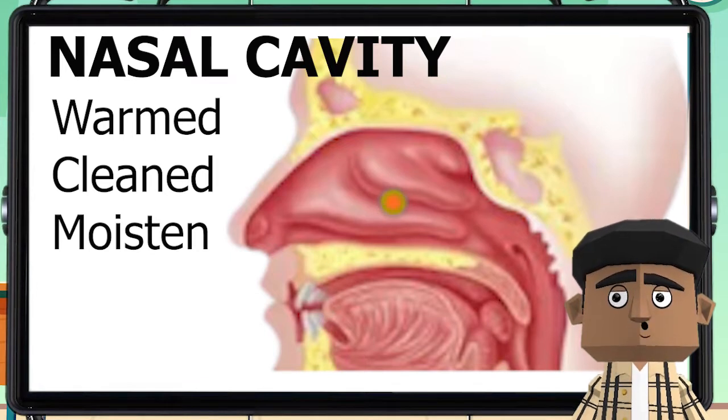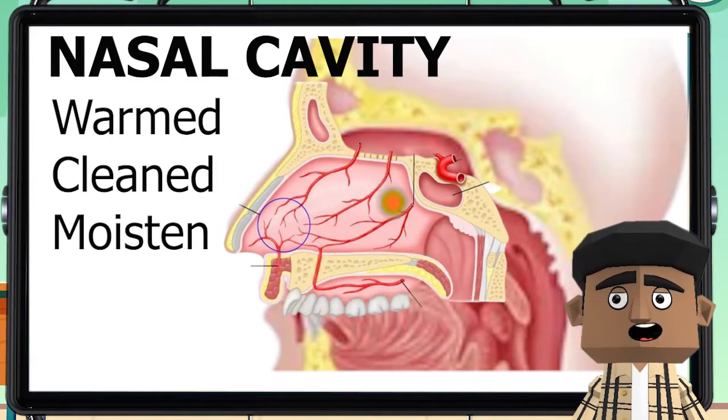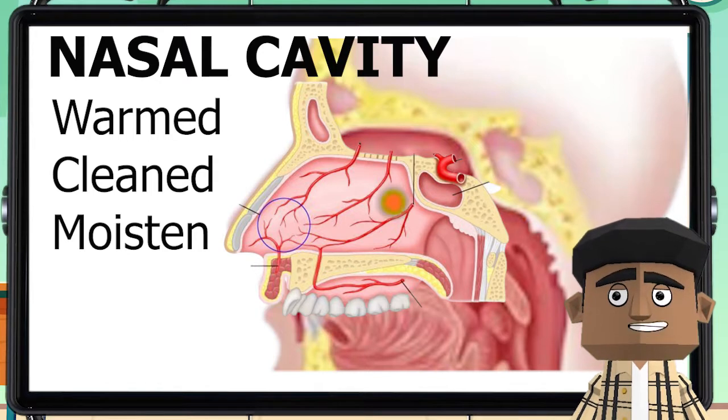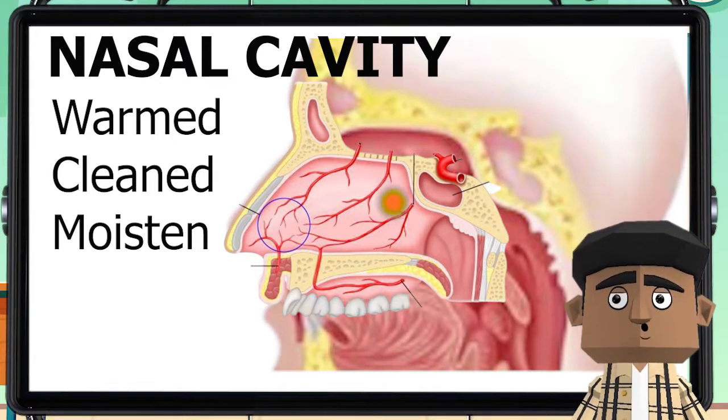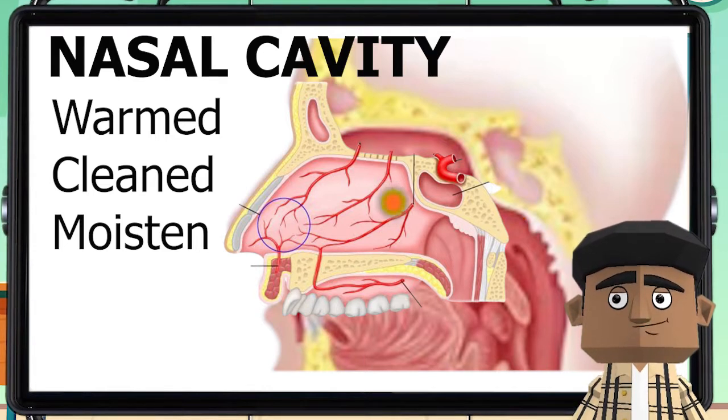But how do you think the air is warmed in the nasal cavity? If we zoom a little bit closer, we can see that the nasal cavity is surrounded by blood vessels called capillaries. These blood vessels help the air in the nasal cavity to be warmed and moistened.